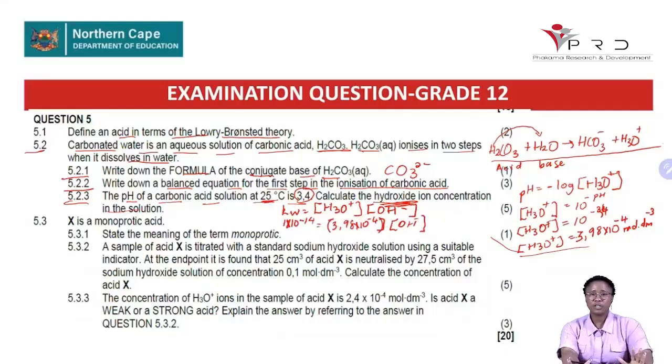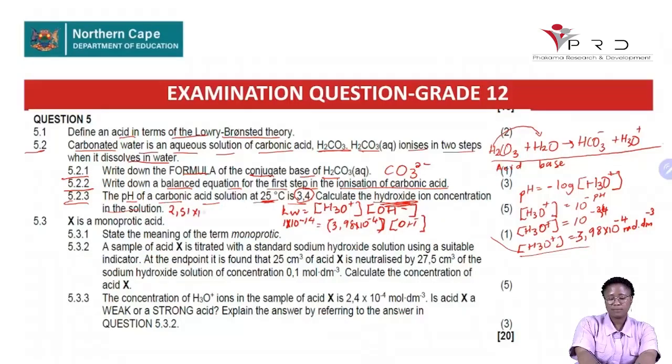If you have punched everything into your calculator, I hope your calculator is telling you the same answer that I'm getting. I got 2,51 times 10 to the power negative 11 mole per decimeter cubed. That is the concentration of OH minus that I have got.